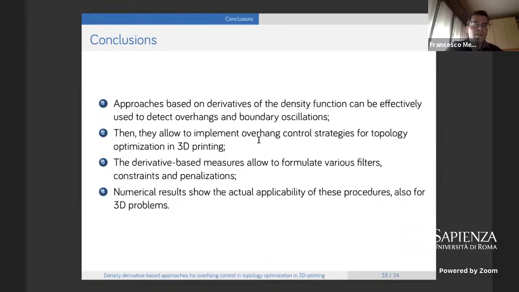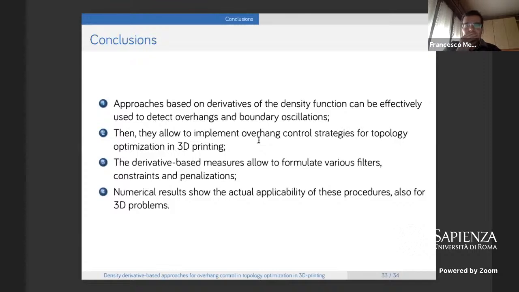Of course, from a strictly mathematical point of view, this would not satisfy the smoothness assumptions of our characterizations. However, in practice, we noticed that also using this weak formulation, so to speak, we can detect tips and, of course, also valleys of oscillating boundaries.